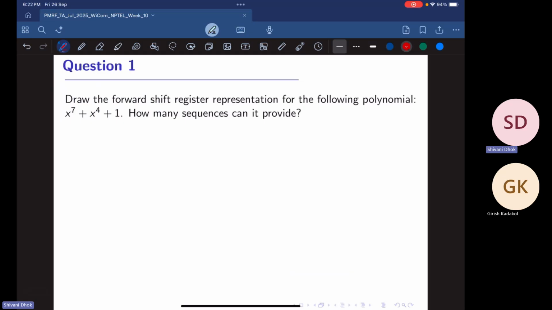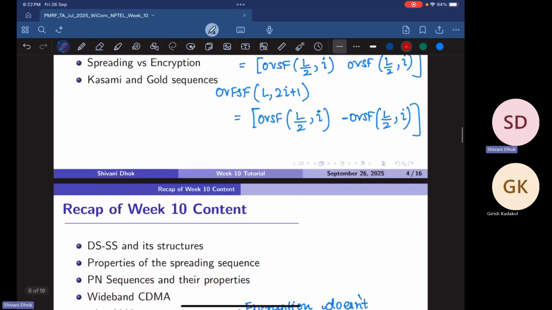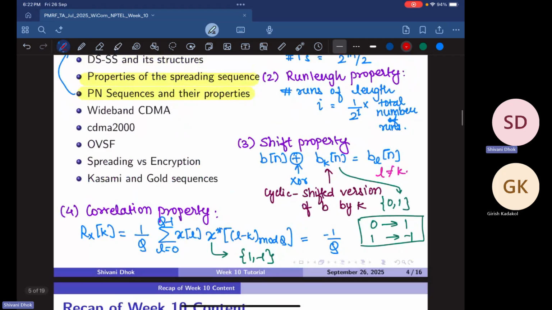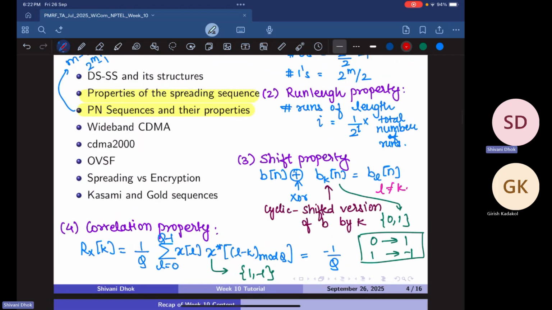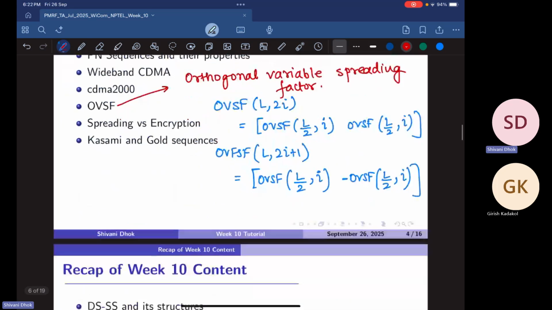So before I move ahead, I forgot to mention this thing. Yeah, these PN sequences we can construct using the linear shift register representations. So we can use linear forward shift registers to implement them.